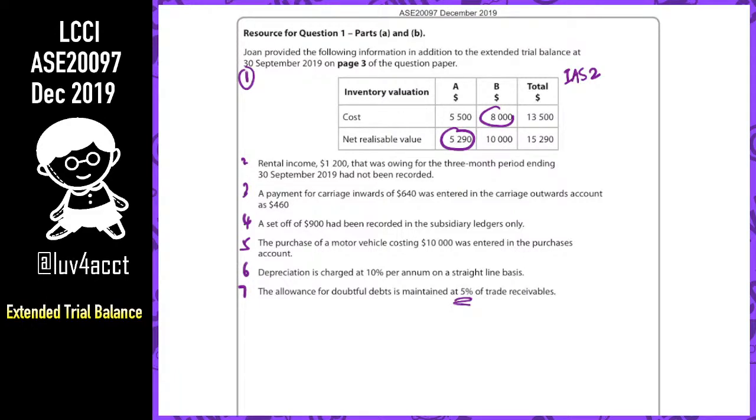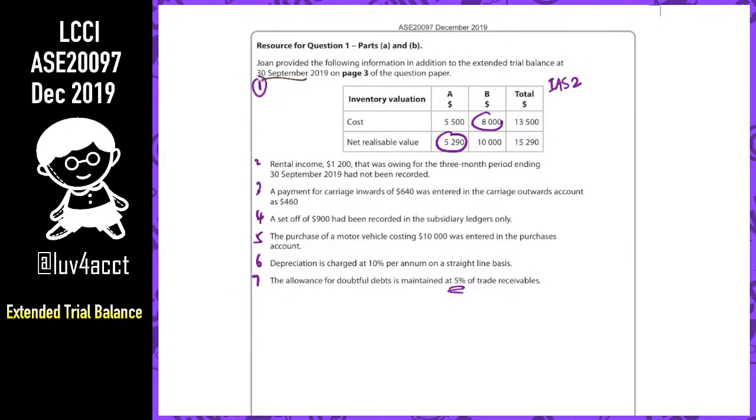Rental income, 1,200, that was owing for the 3-month period ending 30th September had not been recorded. So it is very important that we look at the date of year end, 30th September. As we see, the amount owing, 1,200 for the 3 months, also ended on 30th September, so the total 3 months is owed.